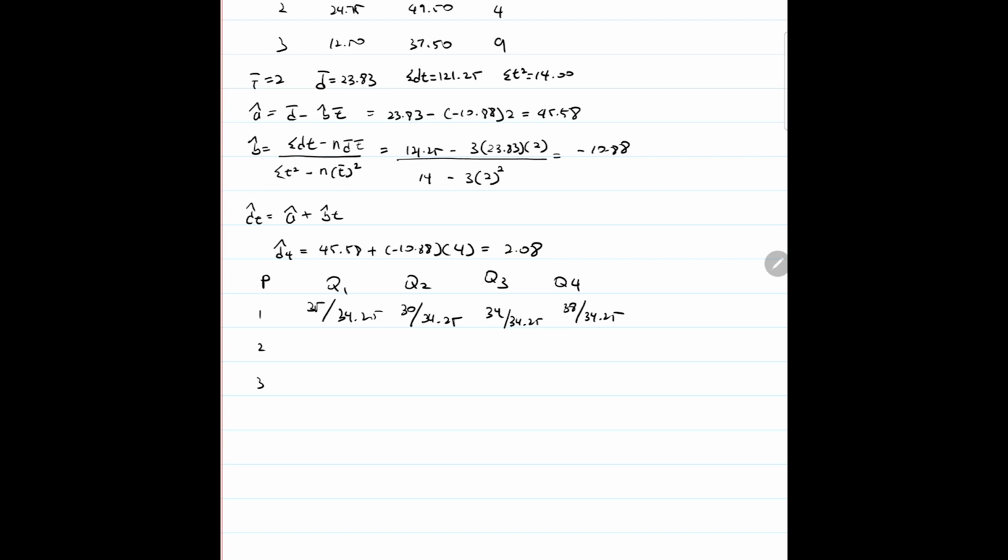And for year 2 was 19, 630 divided by 24.75. Year 3 is gonna be 13, 9, 12, 16, and divided by 12.50.